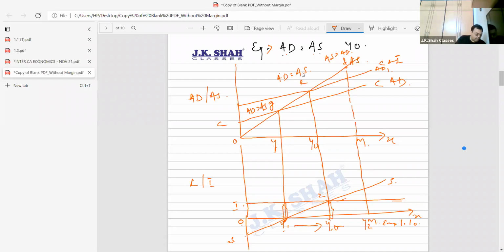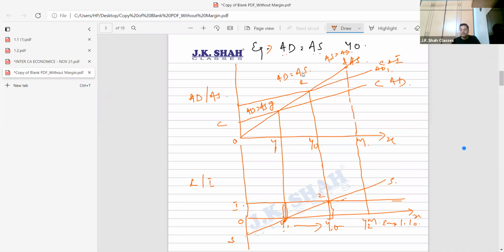Then write in the next line, at point F, aggregate supply is greater than aggregate demand. That is, S is greater than I. Which means aggregate expenditure is less.